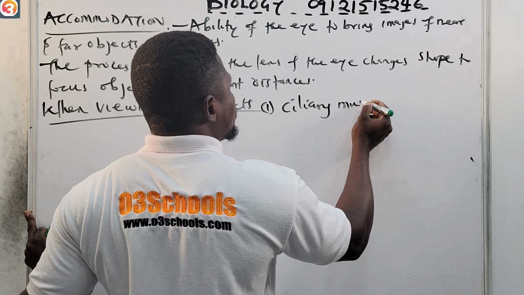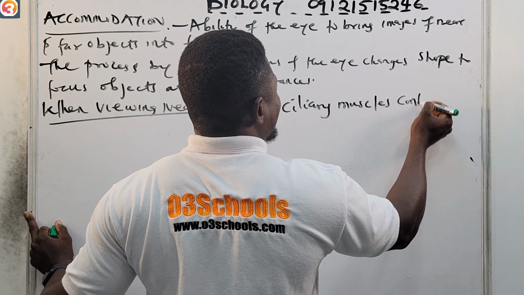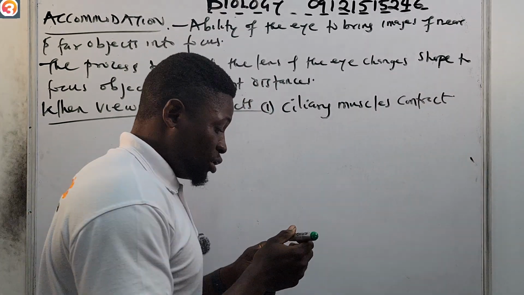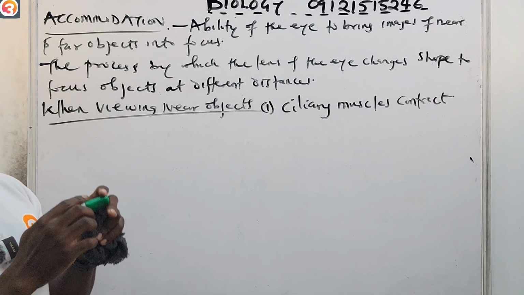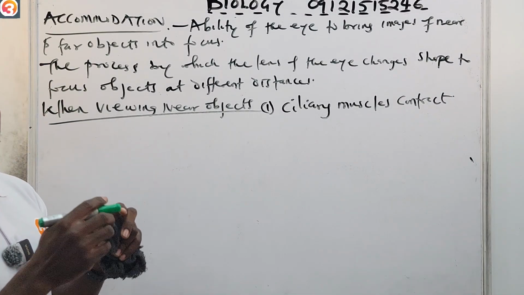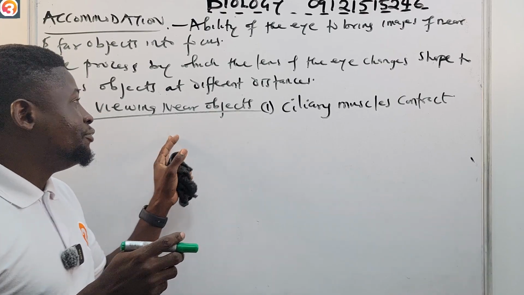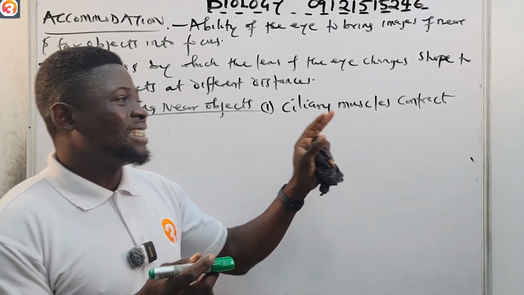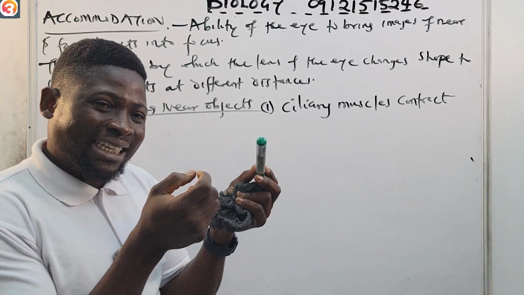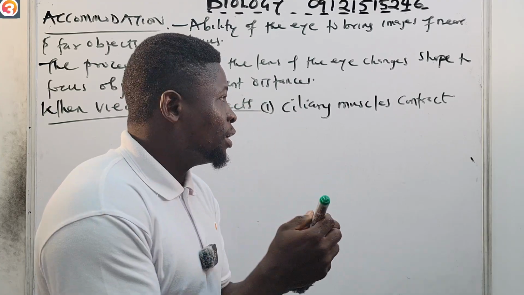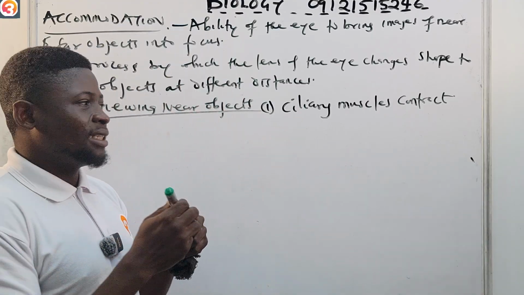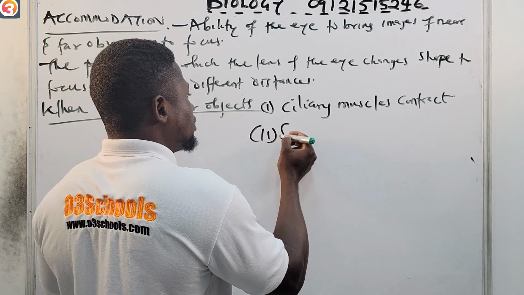Number one, the ciliary muscles contract. The lens is elastic, and the shape is controlled by the ciliary muscles and the suspensory ligaments. So when you are viewing an object that is near, the ciliary muscle contracts, and that contraction makes the lens become more thickened.